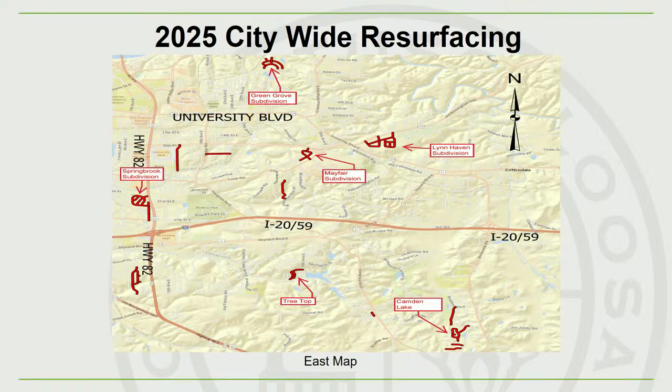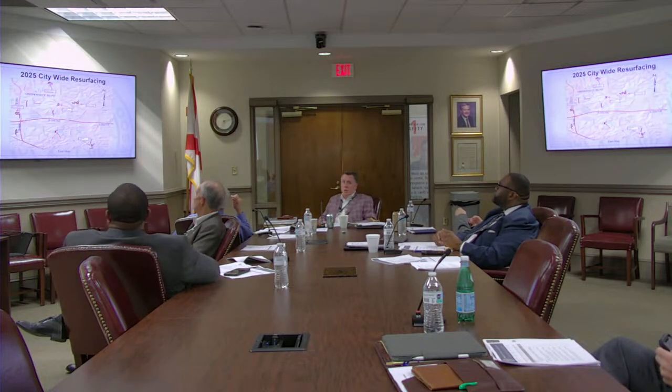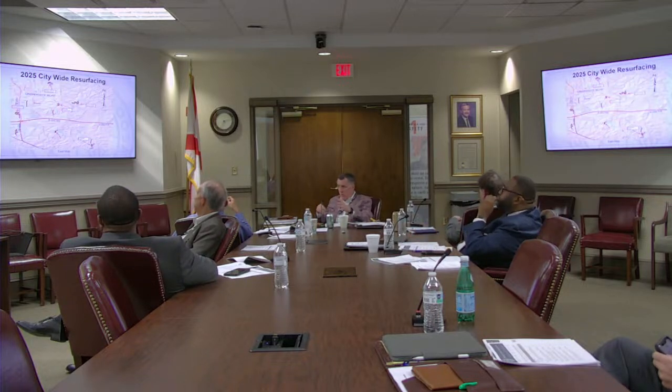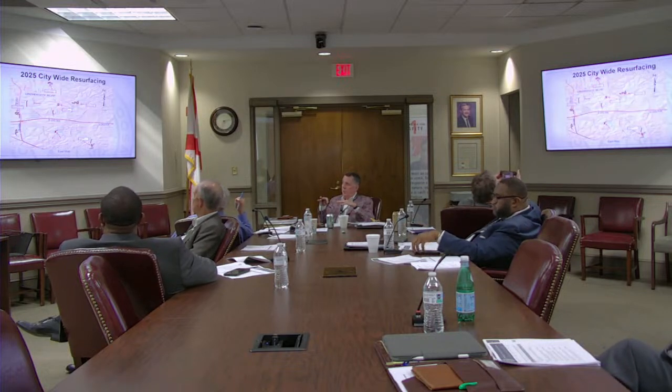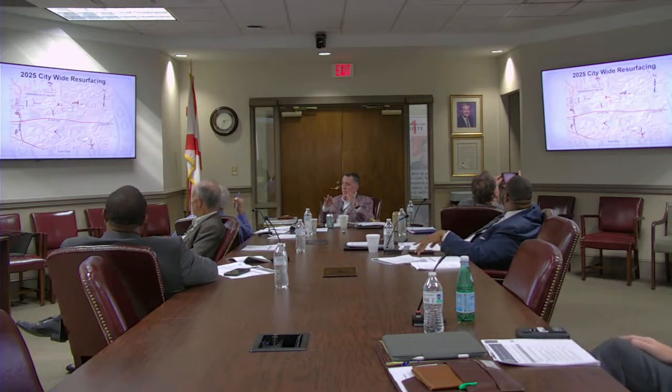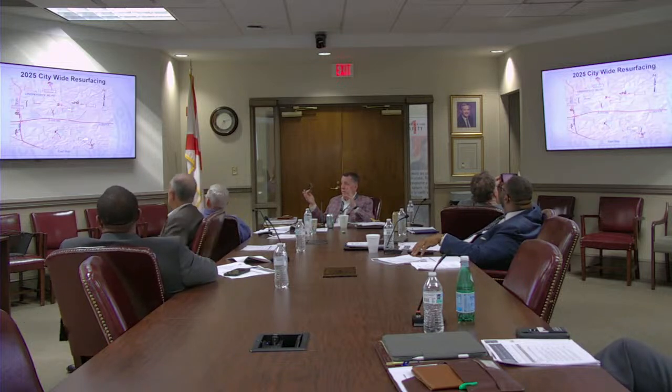Zach, just process-wise, because I get asked this question all the time, when people call in a road, saying we'd like our street paved, we have a grading system that we go through, and then all of these are compiled in a list, and we knock out roads based on need all over the city, correct?